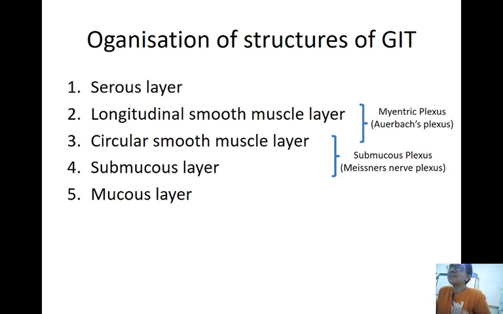So outside is the serous layer. Then comes the longitudinal smooth muscle layer. Then the circular smooth muscle layer. In between this longitudinal and circular smooth muscle layer, there is a plexus called the myenteric plexus. The other name for this is Auerbach's plexus. This is present between these 2 layers, and this plexus innervates both the longitudinal smooth muscle and the circular smooth muscle.